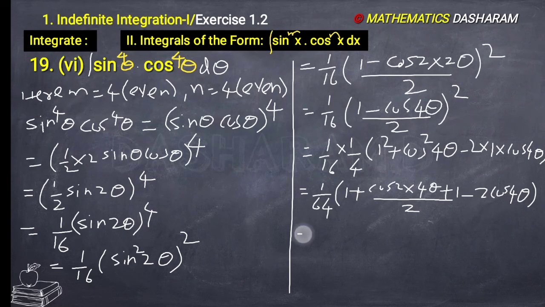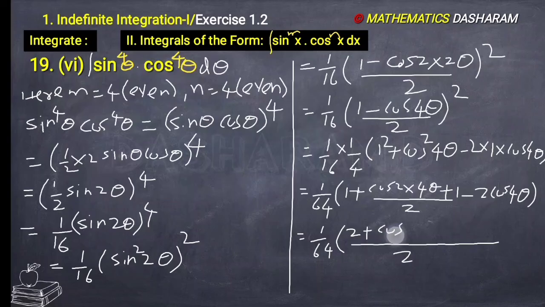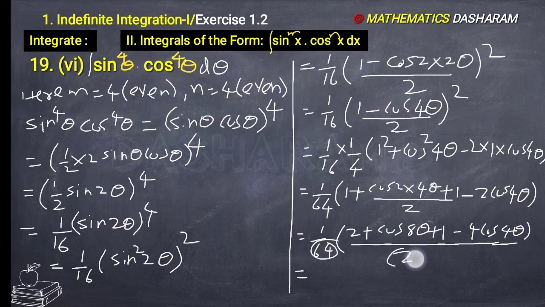So it is equal to 1 by 64, and take the LCM. 2 is the LCM. So 2 plus cos 2 into 4 is 8 theta plus 1 minus 2 into 2 is 4 cos 4 theta. So it is equal to 64 into 2 is 128. So 1 by 128.